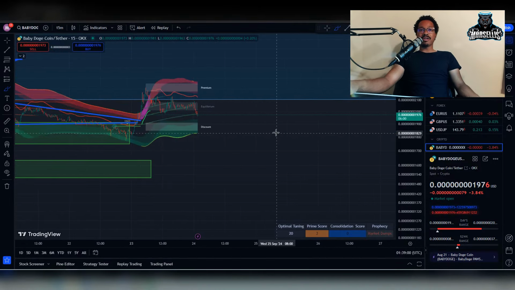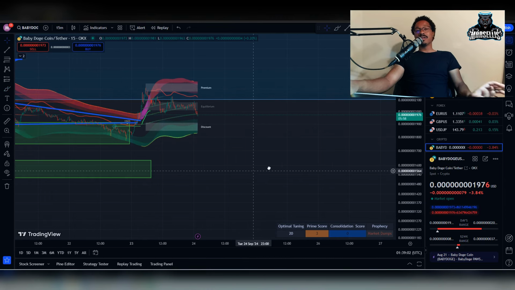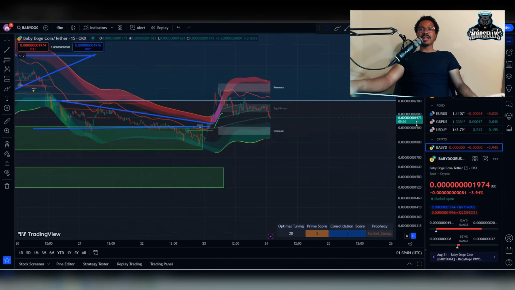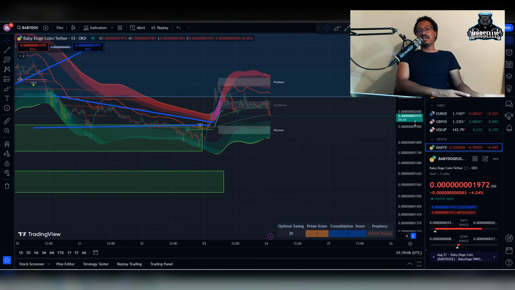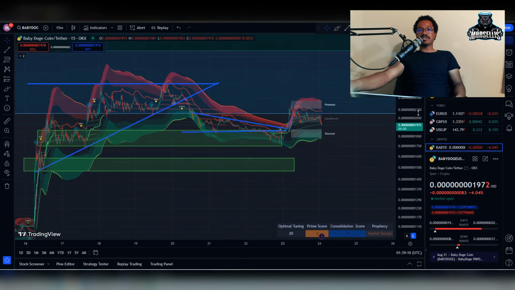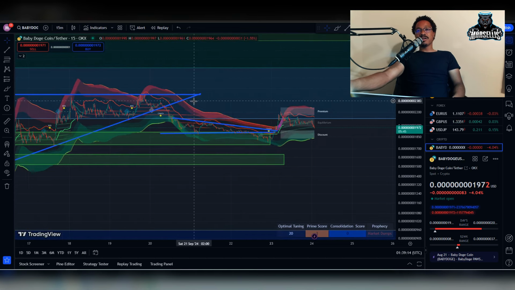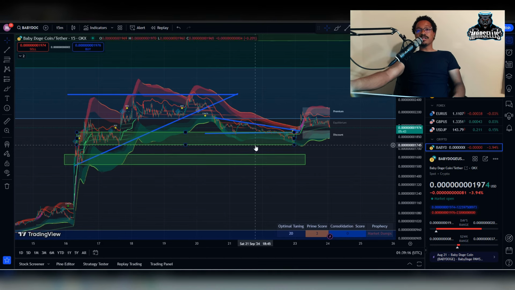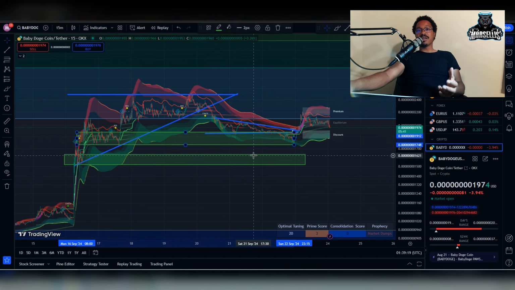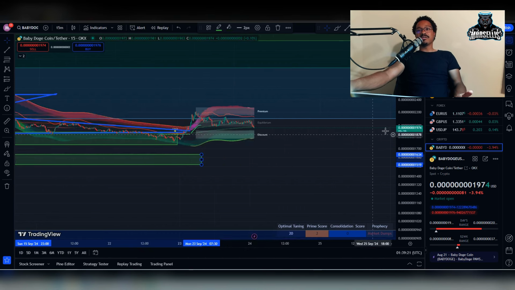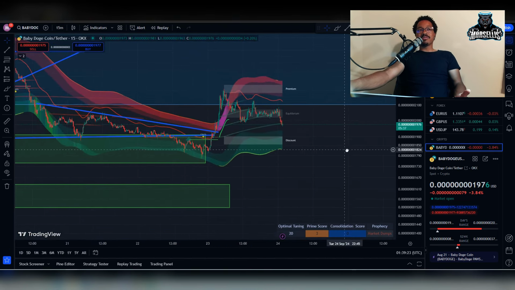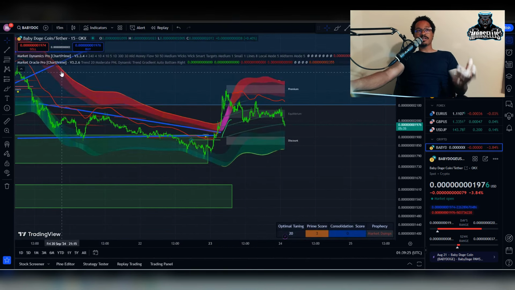If you want these automated trading indicators, like I was saying before, it's a very, very good thing to have automated trading indicators along with your manual technical analysis. So you see how I did my Fibonacci retracements, right? And then I also have these different wedge patterns that I built up here by myself manually. And then I also have these supply and demand zones that I created manually as well. And I'm using those in conjunction with our momentum wave bands with the Market Dynamics Pro and the Market Oracle Pro.